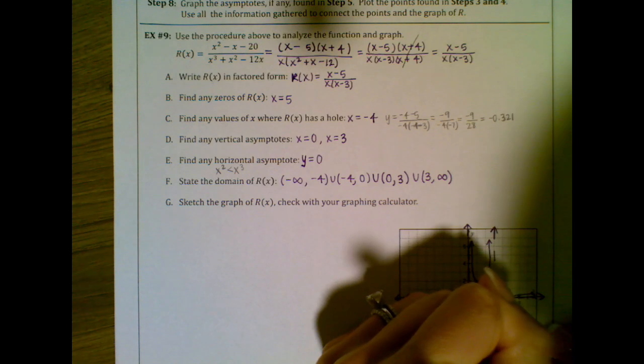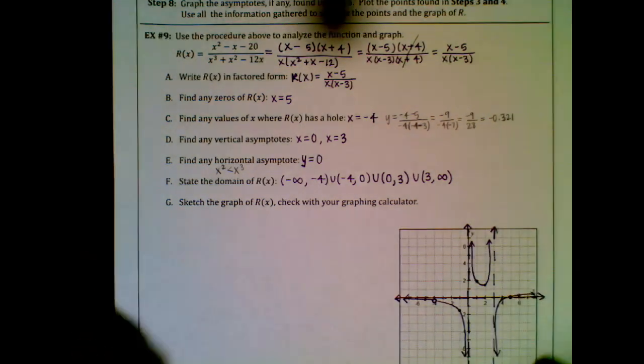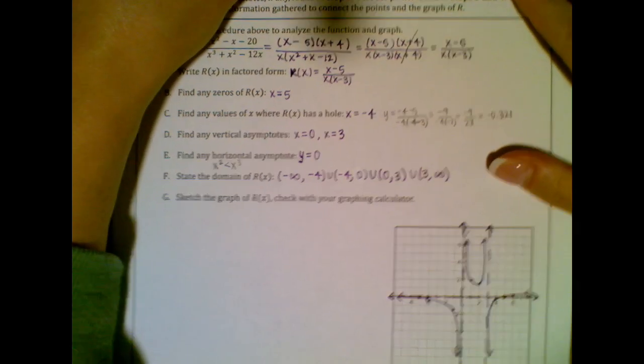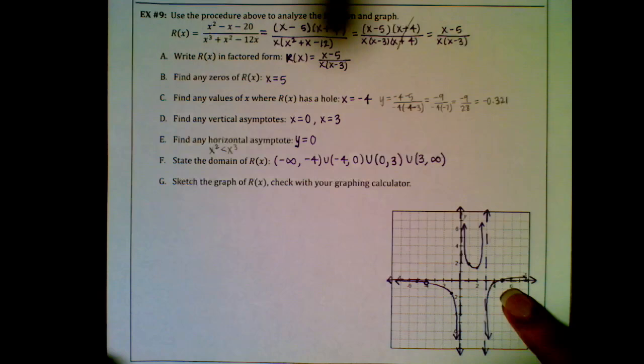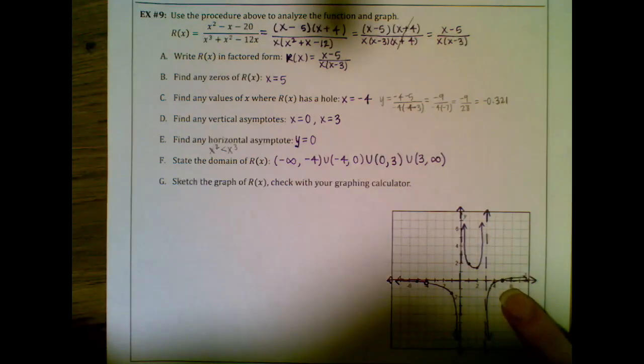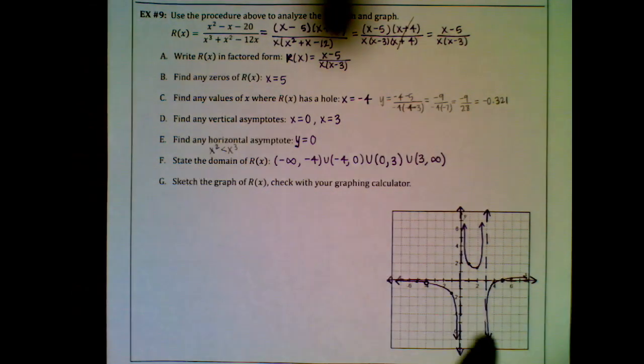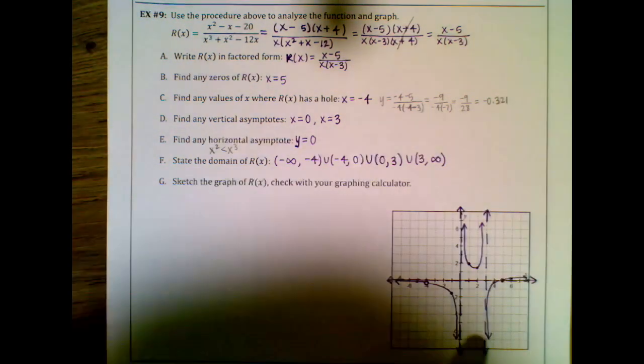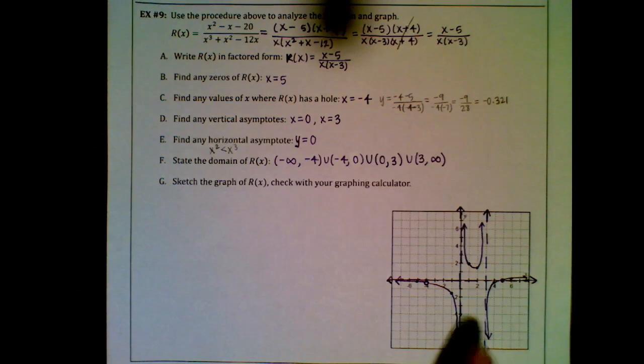All right. Now, one thing I want to talk about real quick is some of you are probably confused about why this graph goes through the horizontal asymptote. That can happen, okay? So when we think of asymptotes, we usually think of lines that graphs or functions approach but never touch.